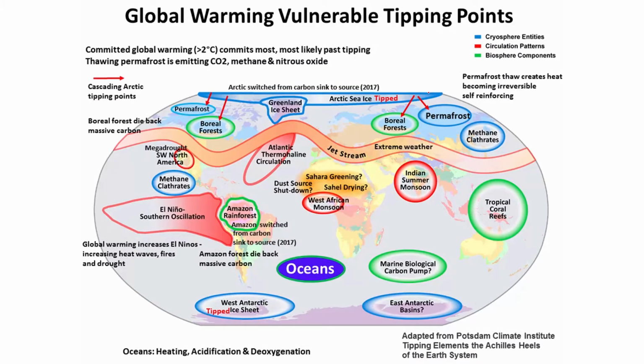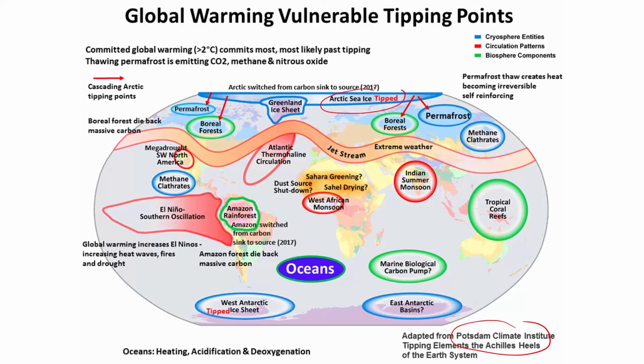Okay, so let me use a heuristic argument from the Potsdam Climate Institute on where the tipping elements, or Achilles heels, of the Earth system are. It looks kind of crowded, but I think you have already gotten a handle on most of them.